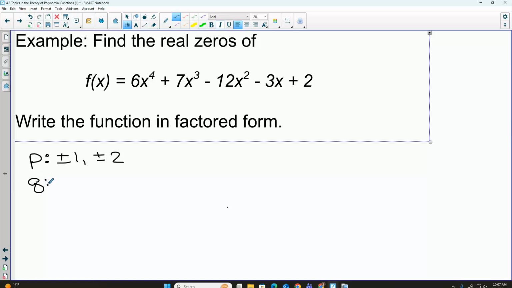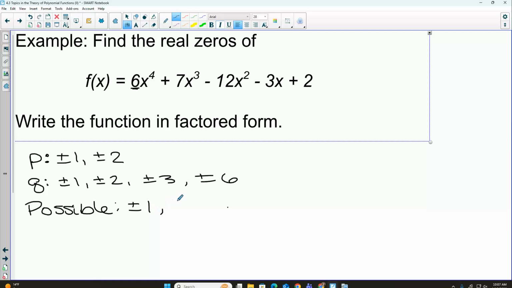Q is the leading coefficient, which is 6, so everything that goes into 6, plus and minus 1, 2, 3, 6. You have to put plus and minus on all of them. So my possible zeros, that's P over Q, so 1 over 1, 1 over 2, 1 over 3, 1 over 6.